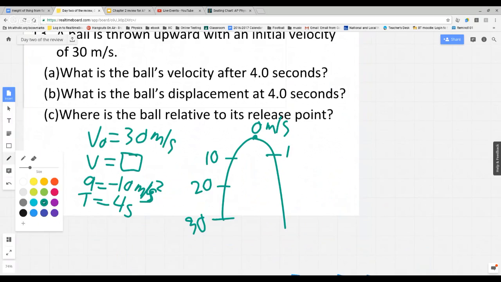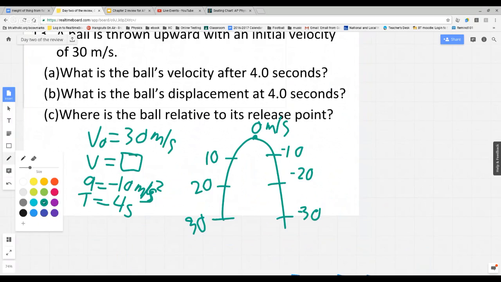All right, the common thing that people mess up when I'm looking at this nice picture that I drew is that they are thinking that this is position. It's not. This is the velocities.